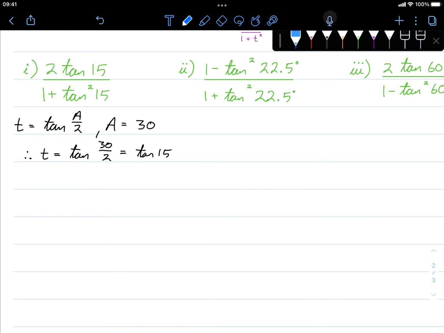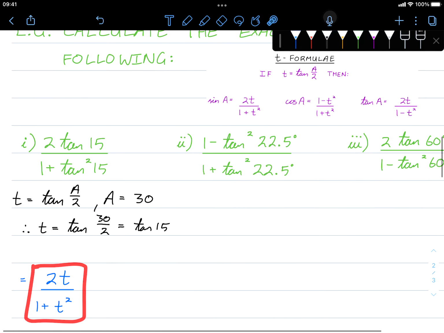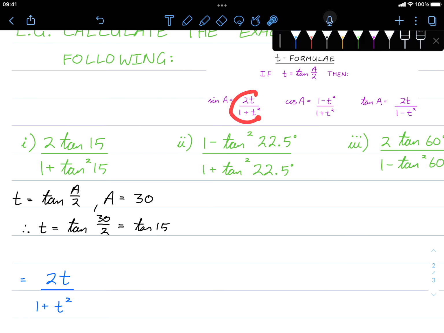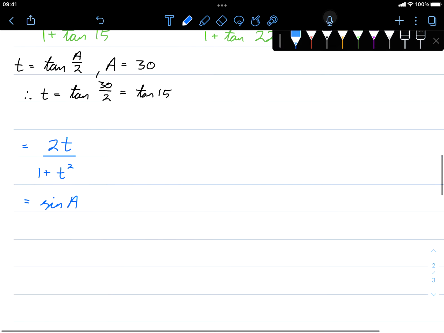So this expression is going to become 2t over 1 plus t squared, since tan squared 15 is t squared. This expression is going to be sine of a.